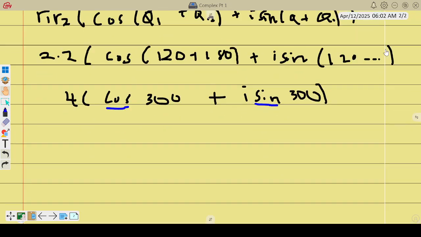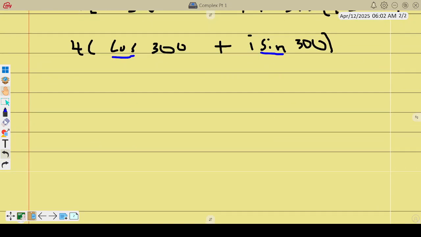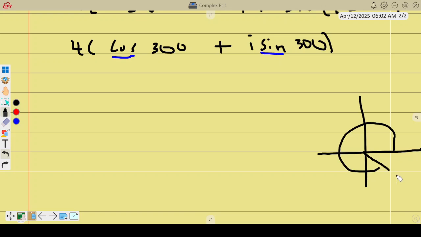So now we would have to evaluate cos 300 and also sine 300. So 300, it is simply here, after 270. This is 300. So meaning the helping angle, it is there, which is 360 minus 300.